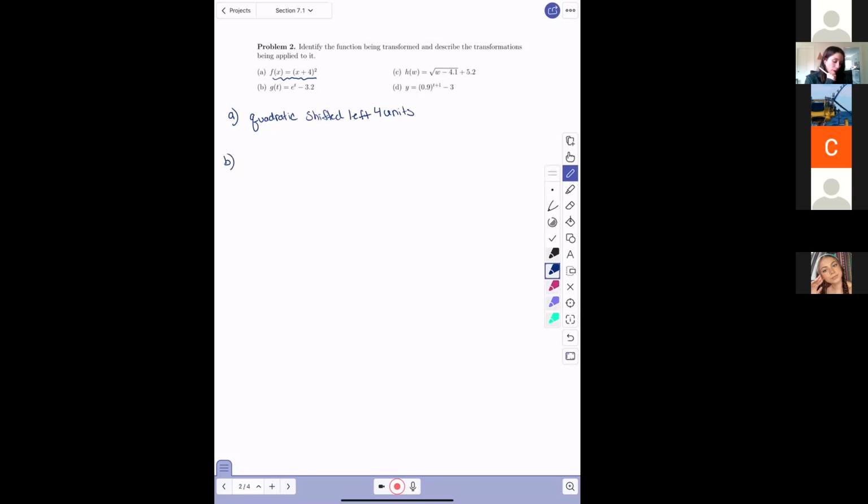Okay, problem B, we have g of t is equal to e to the power t minus 3.2. If I got rid of this 3.2, pretend it's not here, what kind of function is the parent function? Exponential. Good. And since the parent function is exponential, what type of function is our transformed function? Exponential.